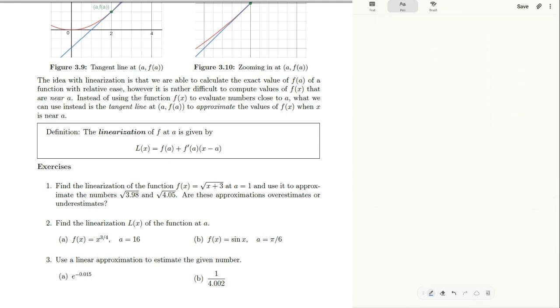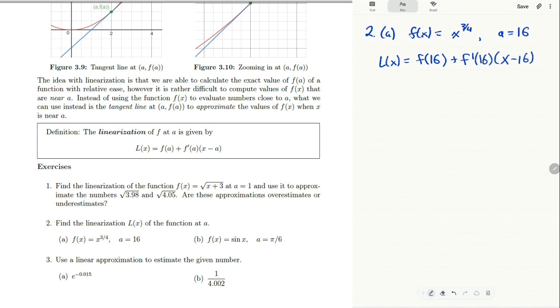So let's have a look at some examples of finding linearizations. So let's consider the function x to the power of 3 over 4. And we want the linearization where a is equal to 16. So the linearization is f of 16 plus f prime of 16 times x minus 16.